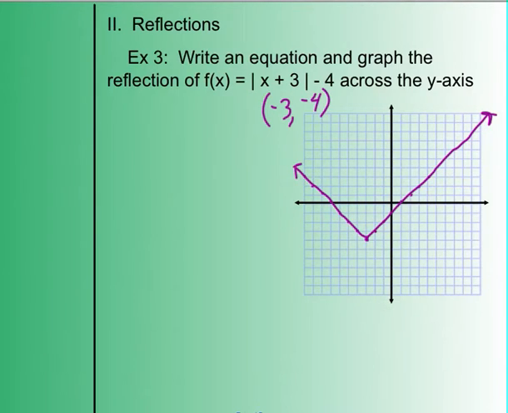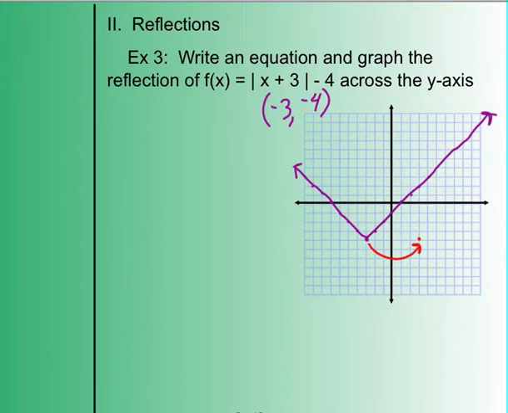So let's think about what will happen with this graph when I reflect it across the y-axis. So the vertex will flip to this spot, and it will still open up because it was a y-axis reflection. It doesn't get stretched, so my slopes don't change.